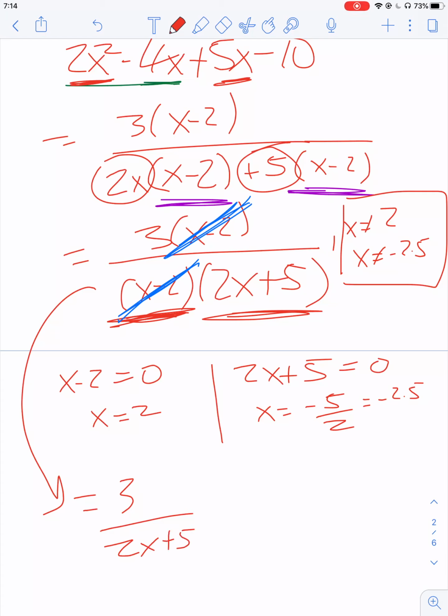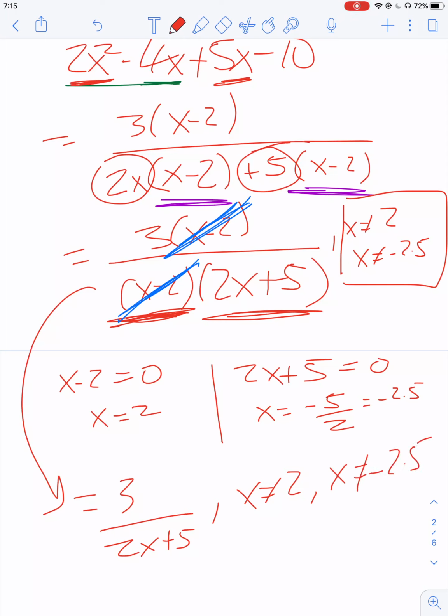As long as your restrictions are x cannot equal 2, and x cannot equal negative 2.5.